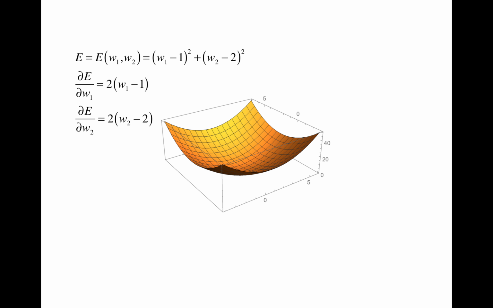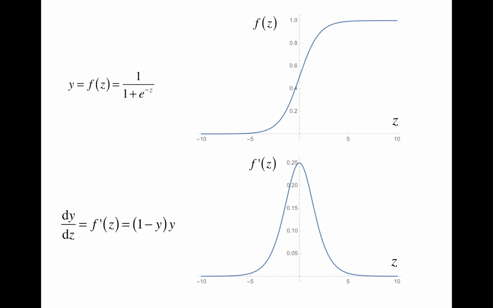But before doing that, we need to find the derivative of the nonlinear sigmoid function, which is used inside every neuron to convert the logit z into the neuron output y. Here is the expression for the sigmoid function, f(z).